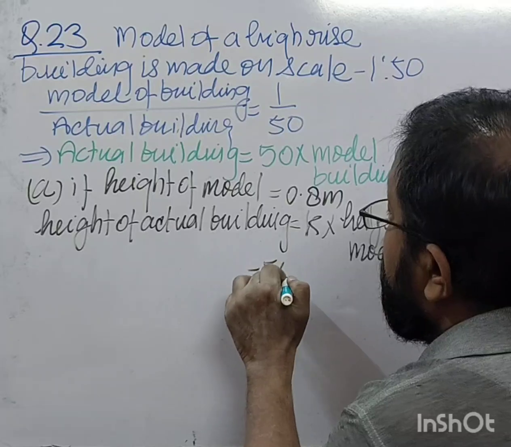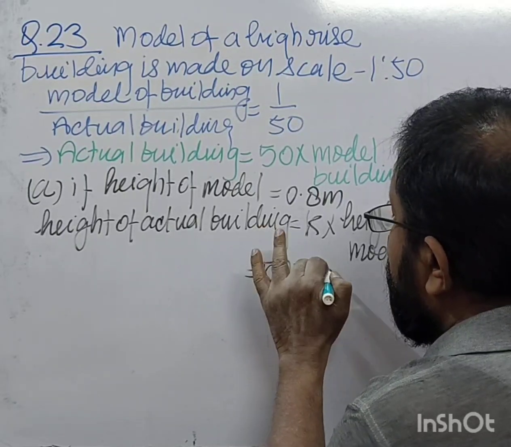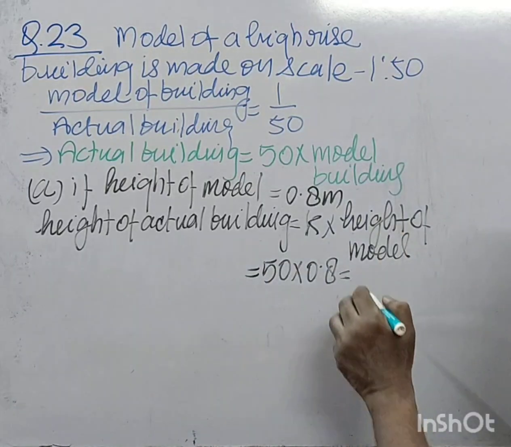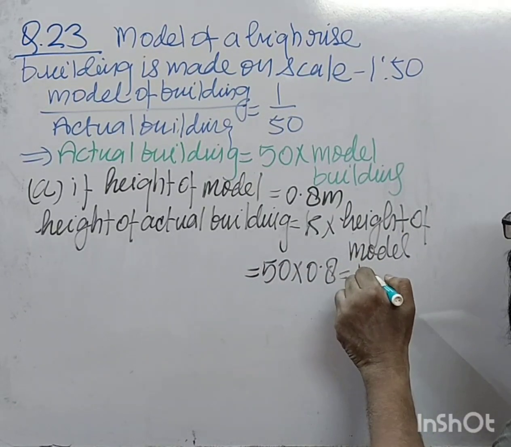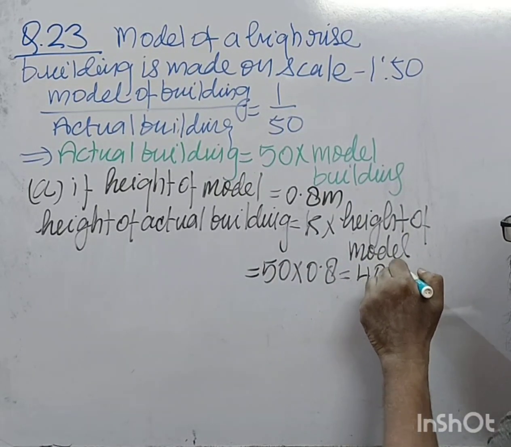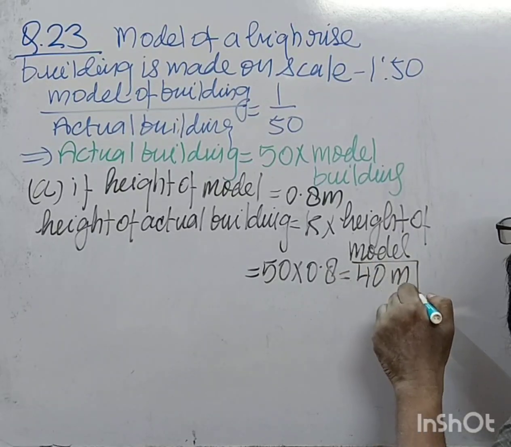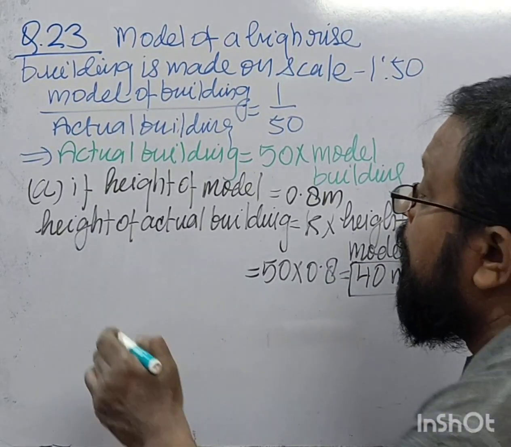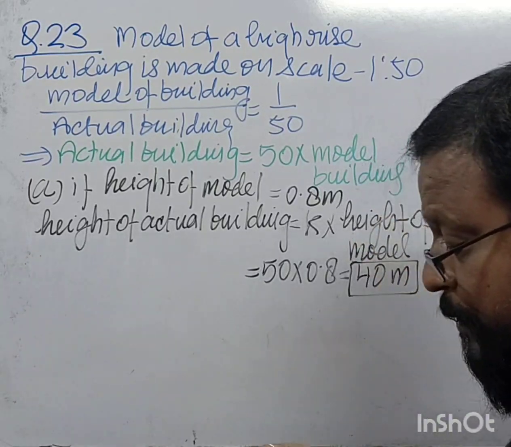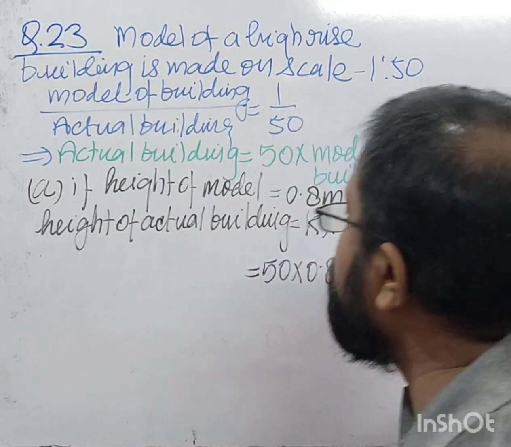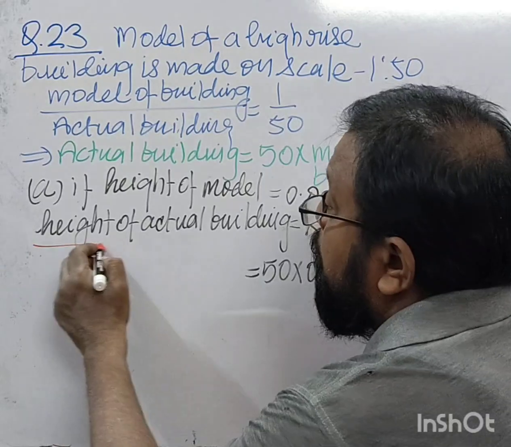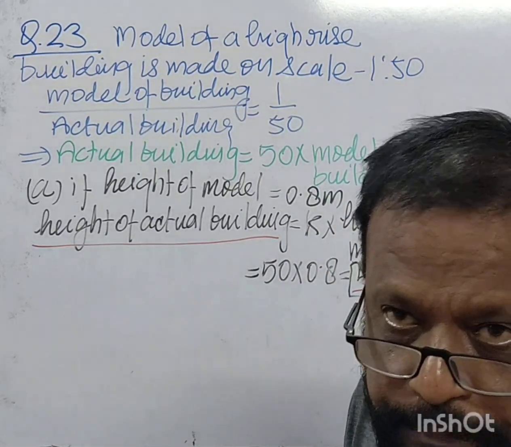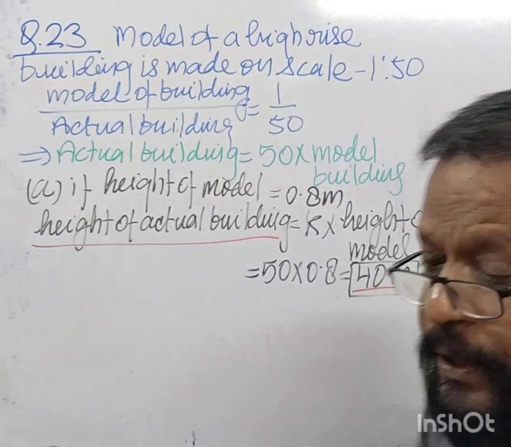You have 50 into 0.8 becomes 40 meter, right? 40 meter. What is the height of actual building? The height of actual building is equal to 40 meter. Is it? What next do you have?